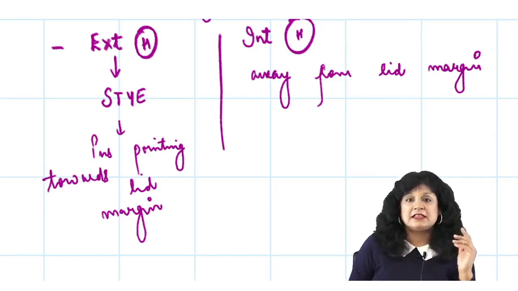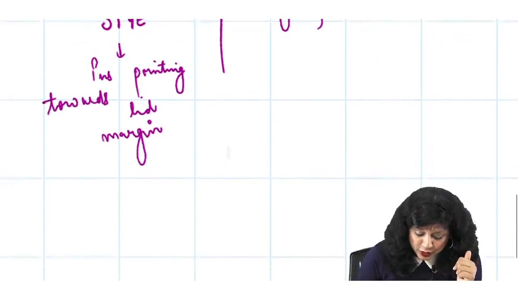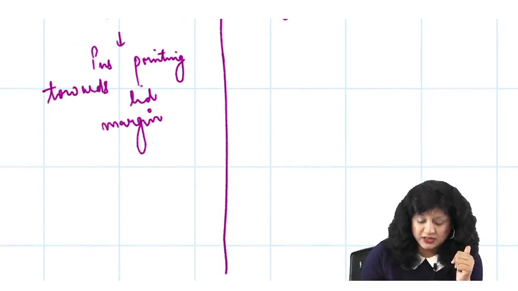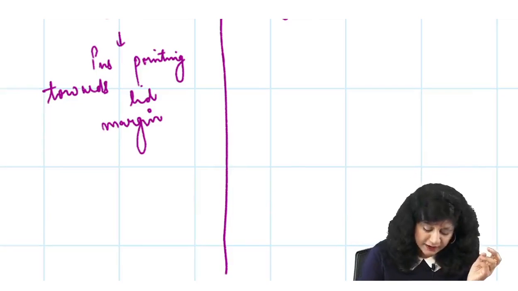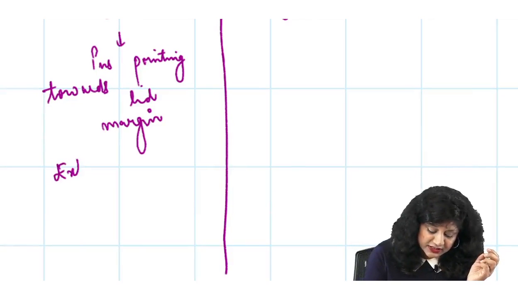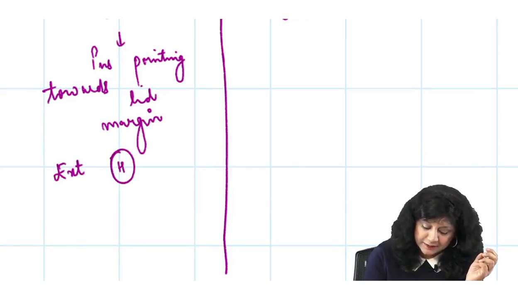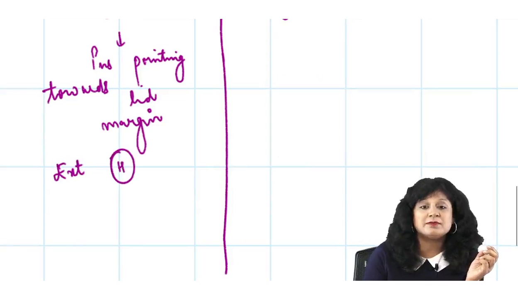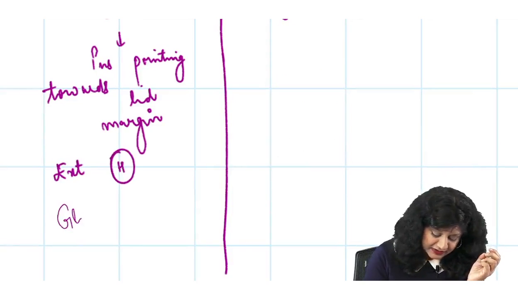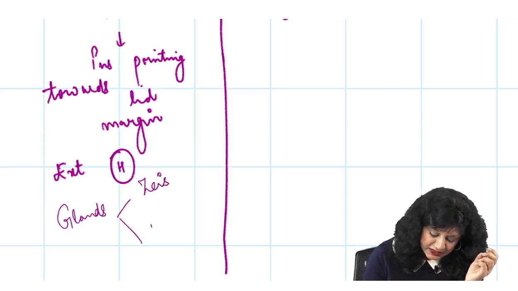Second important thing, if you look at the glands in which they are occurring. As far as your external hordeolum is concerned, these are occurring in the glands of Zeis and Moll.